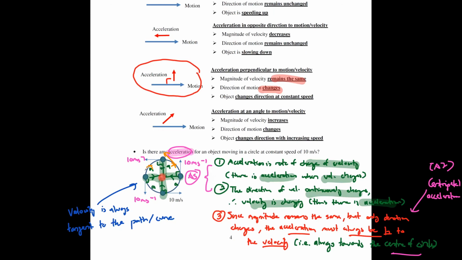Likewise, I want to find the velocity here, it will be tangent to this point. Okay. So likewise, the same for all the other points. Velocity is always tangent to the path or the curve at any given point. Okay, so this is for acceleration.